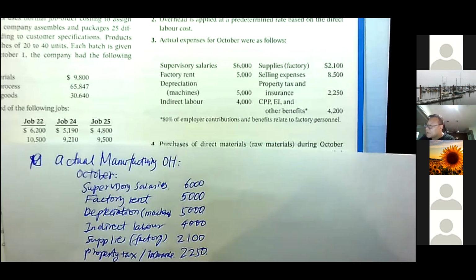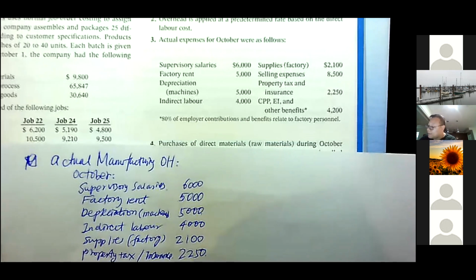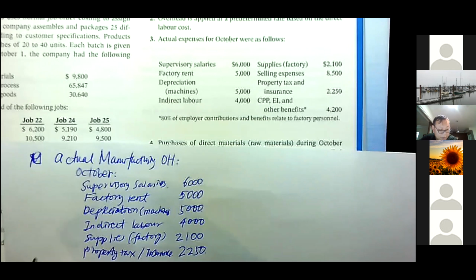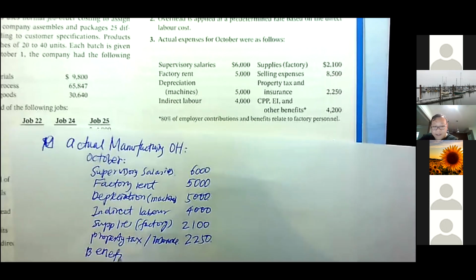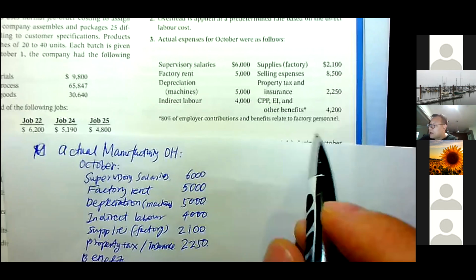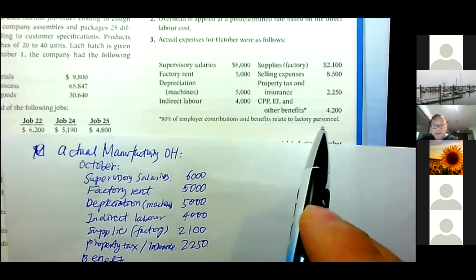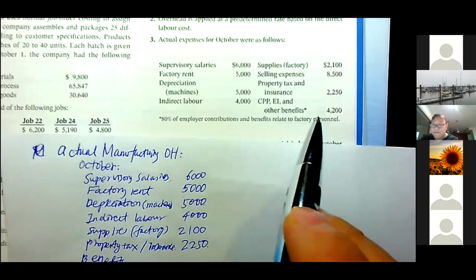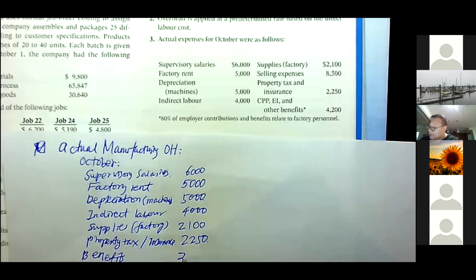Okay. And then the CPP, EI, and other benefits. 4,200. Only 80% of this is for the factory personnel. Therefore, only 80% of that will be considered as manufacturing overhead. This number is 3,360.